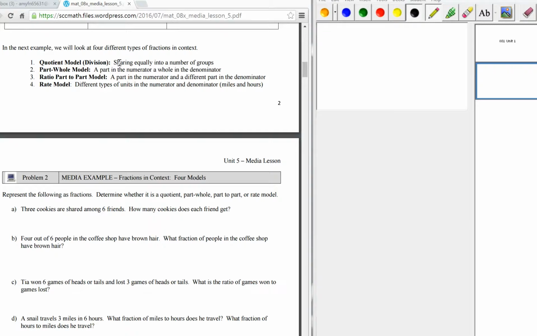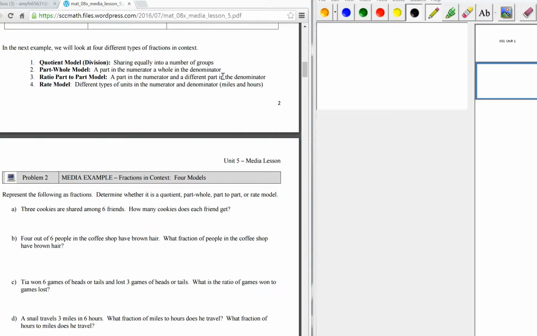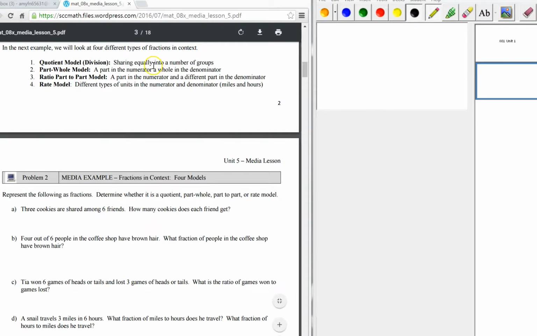But these are all different types that students need to be aware of, and it's important to express them explicitly so they don't have to kind of figure that out for themselves. So they still will have to make sense of it on their own, but to say a fraction isn't just one type of meaning, and we'll be looking at different representations and context to help them understand these different types of meanings. So the first one, division.